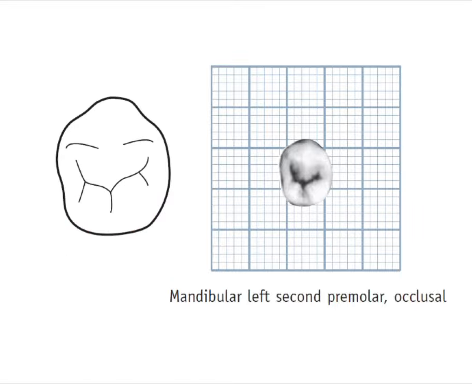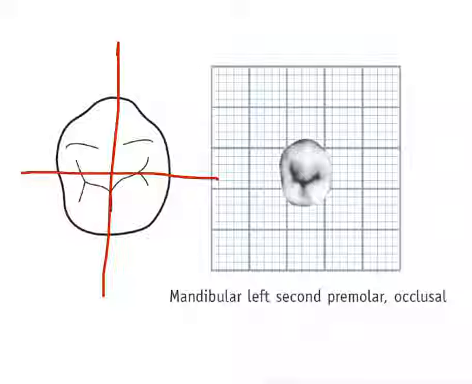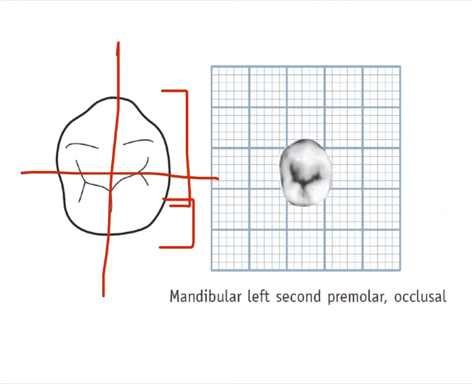If you draw the midline, you can see that the buccal cusp has almost 2/3 of the crown, while both lingual cusps has 1/3 of the crown.